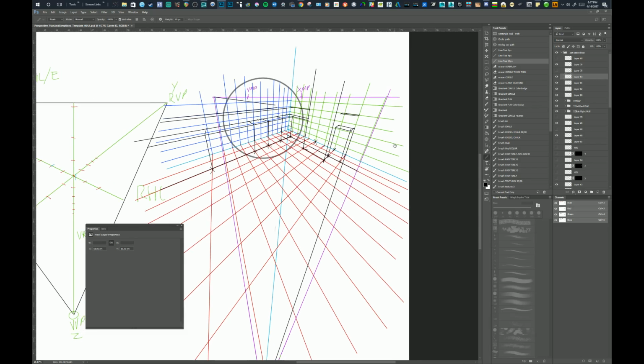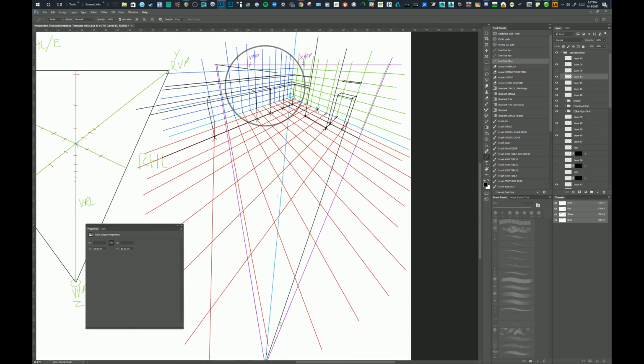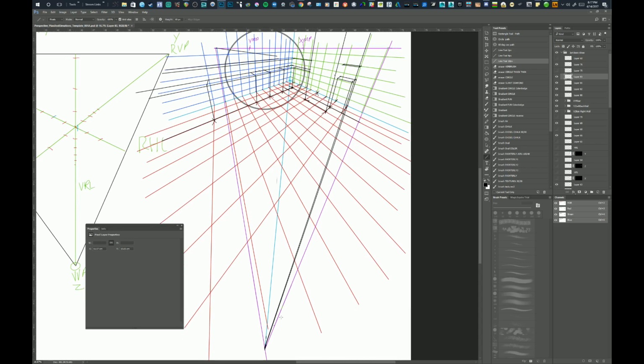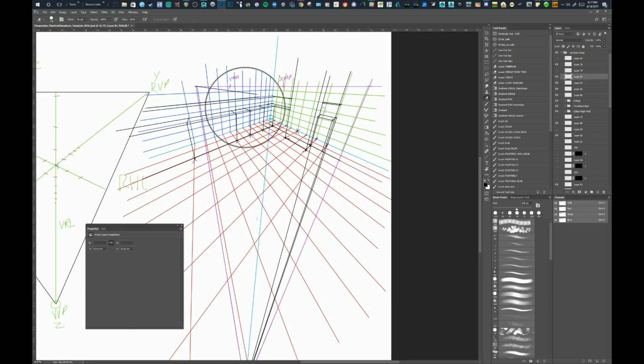All right, and now I could just grab this edge here, draw that up, since it's a little bit further back. And then also on this one right here, draw that back. And then now we have this particular cabinet. And I can remove that back line there.